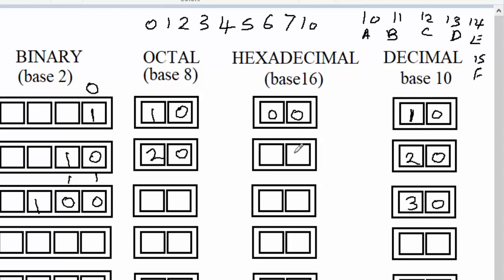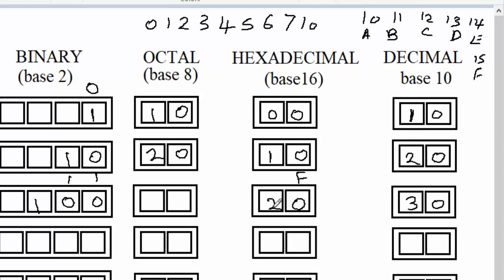So after F, instead of going to G, which has no space, we reset it to 0 and carry that one here. So after F, we go to 10. We do the same thing for this: 0, 1 2 3 4 5 6 7 8 9, A, B, C, D, E, F. And then after F, we reset it back to 0 and carry 1, it becomes 2.